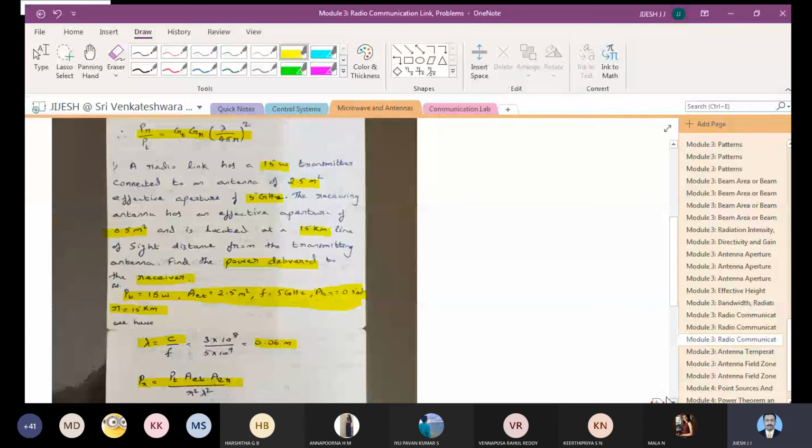So what is PT 15? AET is 2.5, AER is 0.5, R is 15 kilometer, the other is in meter, and lambda is 0.06 meter. So you'll get 23.15.